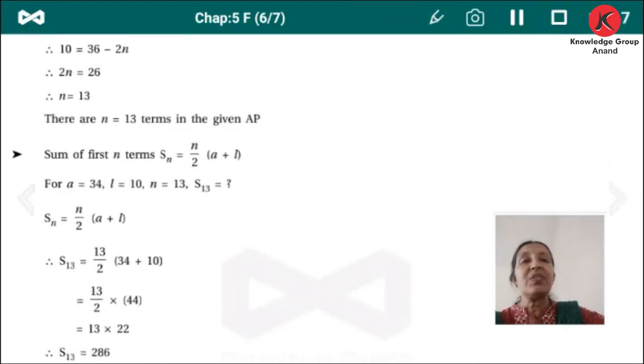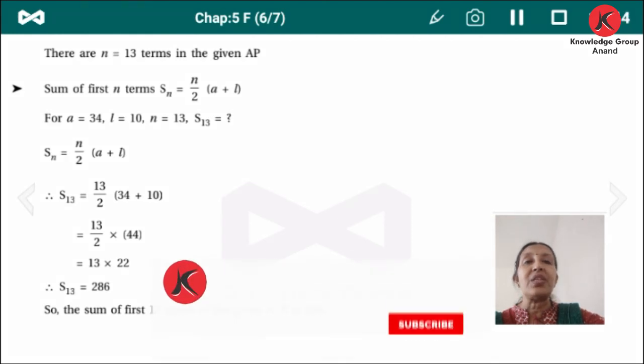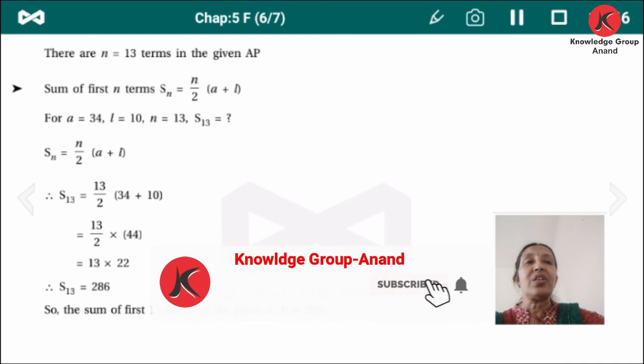Then Sn is equal to n/2 times (a plus l), where l means the last term, an, with n as 13. 13/2 times (34 plus 10) is equal to 44 divided by 2, 22. 13 into 22 is 286. So the sum of the first 13 terms of the given AP is 286.